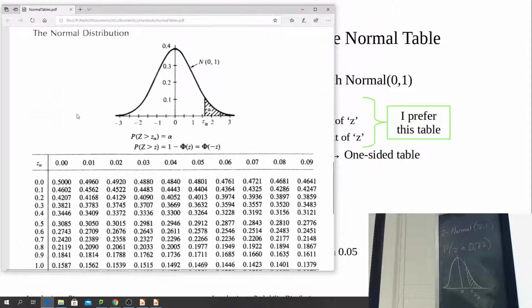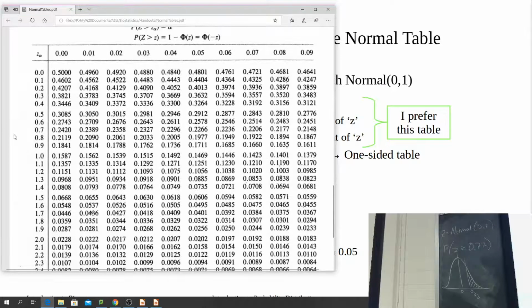Or we recognize that we're in the tail, and that's what this second page finds for us. Same thing: we go down to 0.7, read across to 0.77, and get our value, 0.2206. Does that make sense?